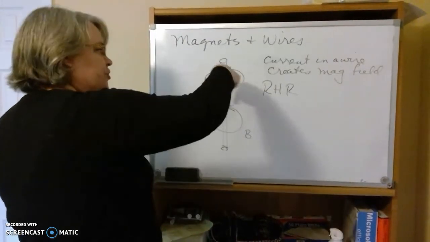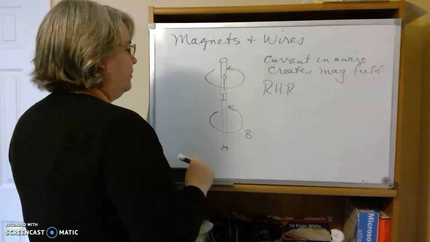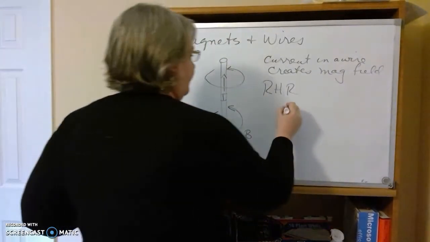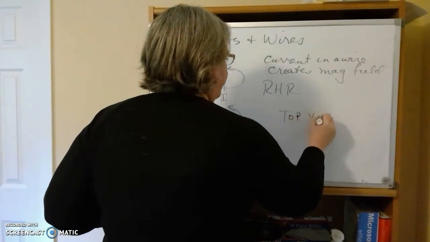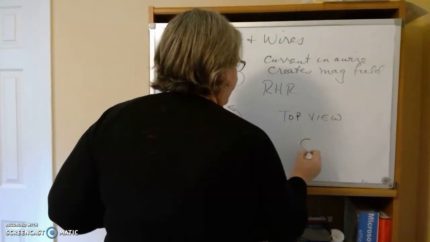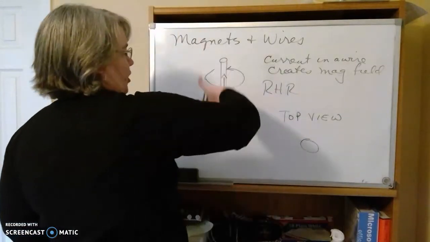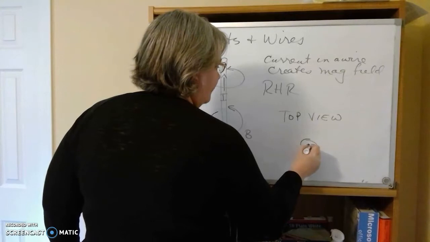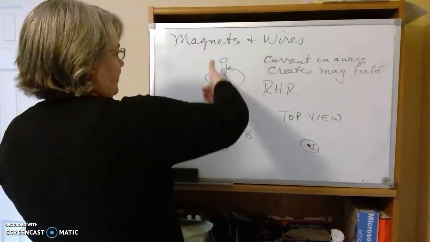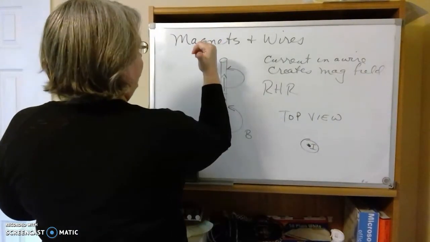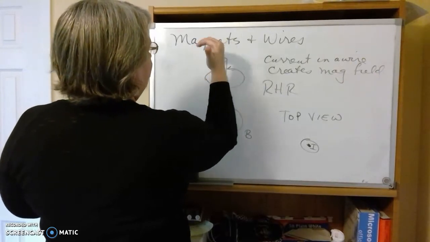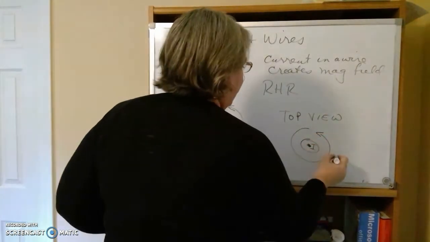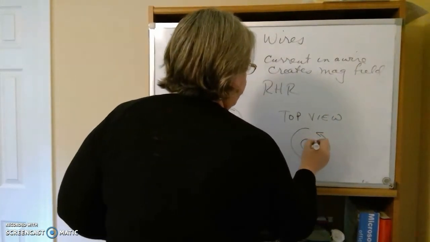So I create a circular magnetic field, which if I looked at the top view, where here's my wire and my current is coming out the top, right? Coming out the top. If I turn that toward myself, I see that my magnetic field wraps around in a counterclockwise direction.